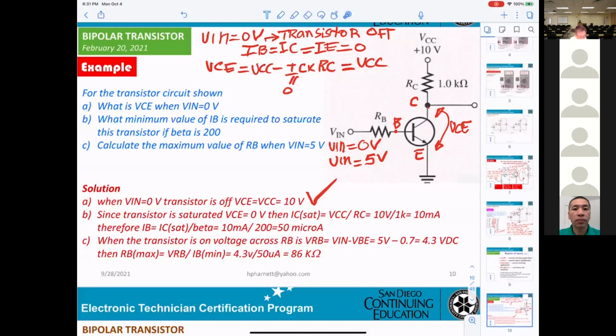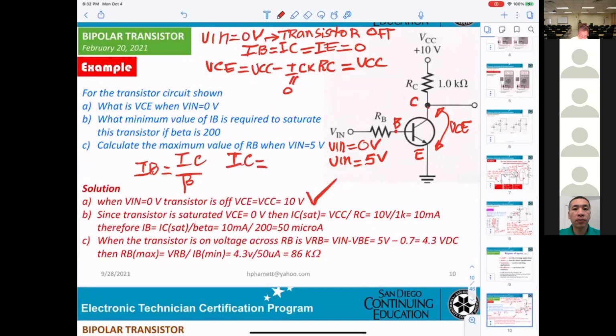Okay. You want to calculate the IB. Then IB equals IC divided by beta. Correct? Yep. And now you want IC.